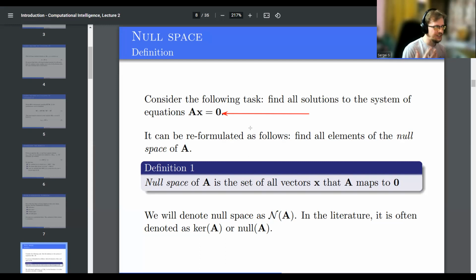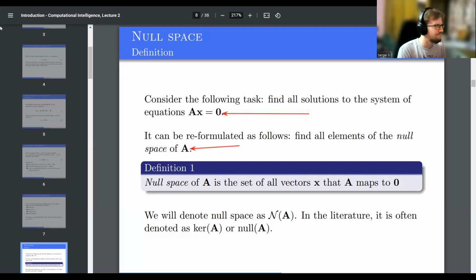I can reformulate the same thing as follows. Find all elements of the null space of A. That is the same task.